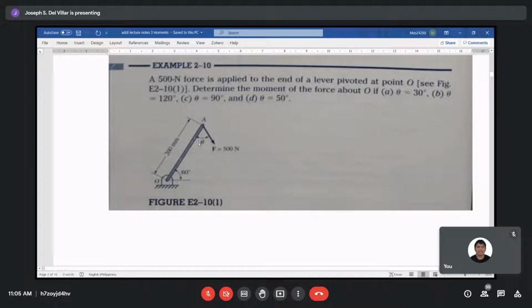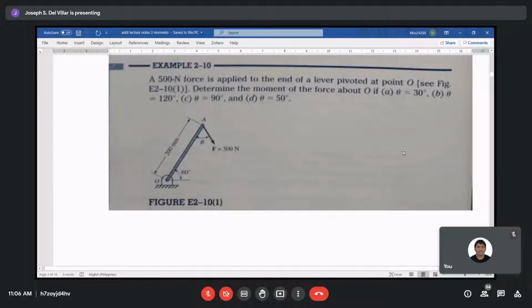Letter B, if the angle is 120 degrees. Letter C, if it is right angle. And then letter D, the angle is 50 degrees.